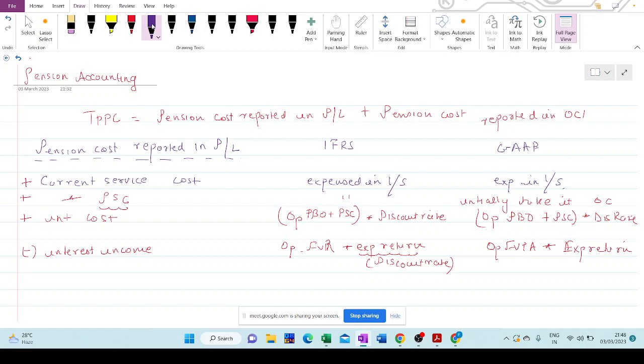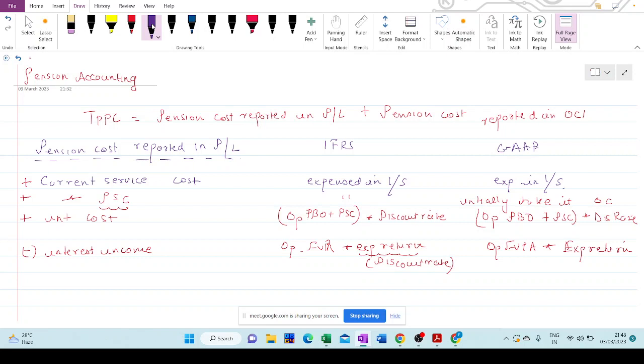A volatile pension expense would increase the volatility of the reported earnings. We do not want our earnings to be volatile because investors look at the earnings of the company before investing in it, and if the earnings are volatile, investors will perceive that the company is a risky investment. So rather than passing the actual return, we deduct the expected return on plan assets from our interest cost.